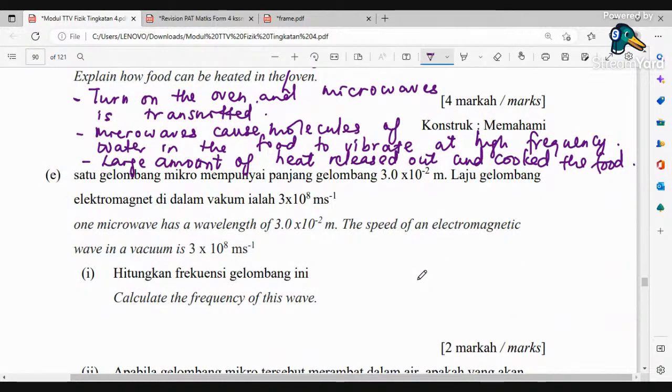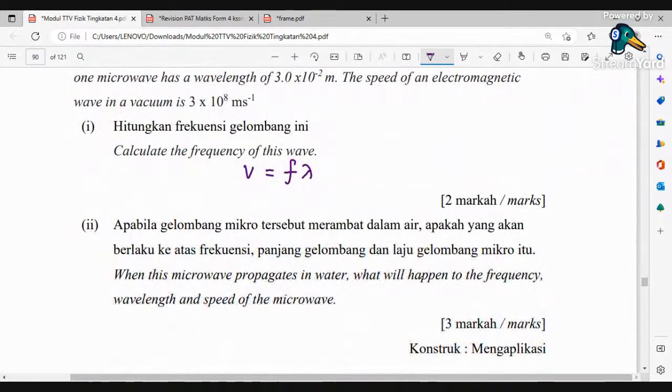Part E, microwave has a wavelength of 3 times 10 to the power of negative 2 meter. The speed of an electromagnetic wave in vacuum given, calculate frequency. So it's very direct question. Using the formula V equals to F lambda, so you will have F equals to C divided by lambda, because this one is the microwave.